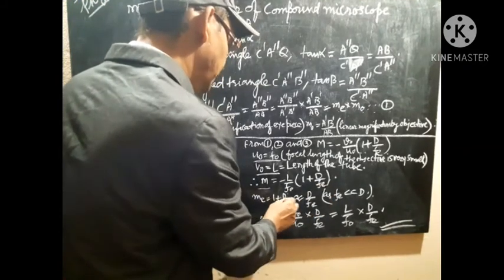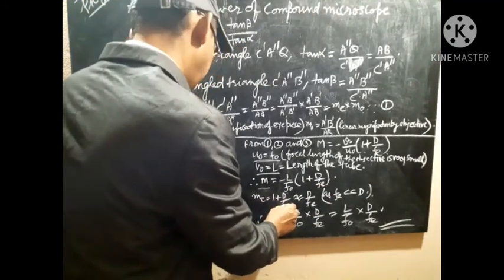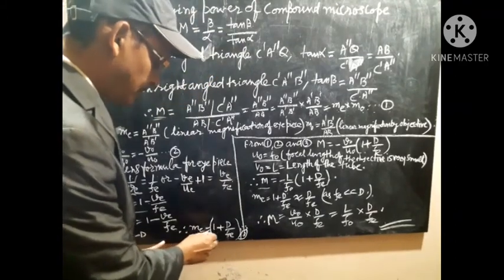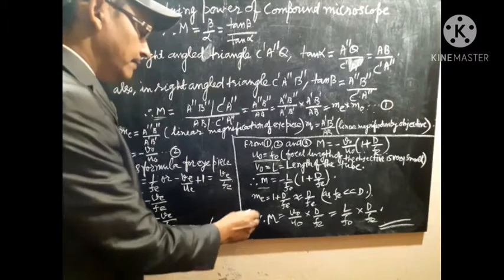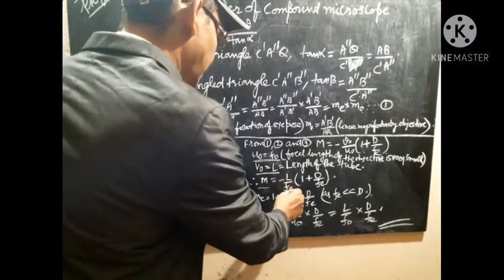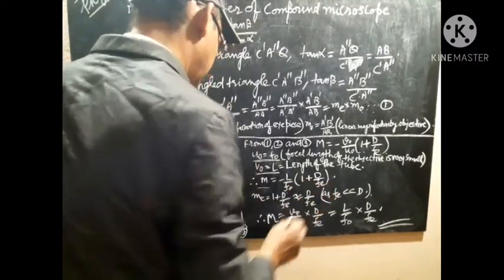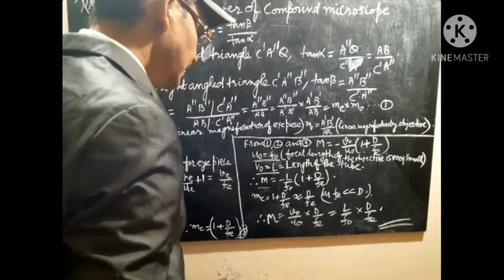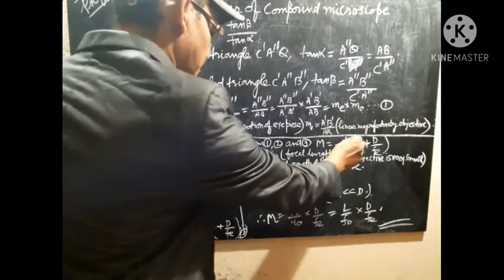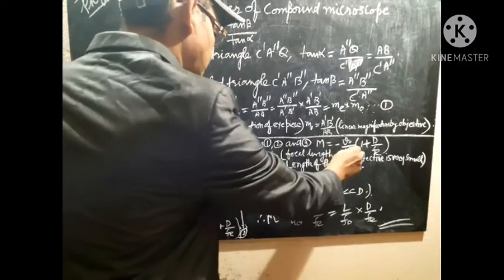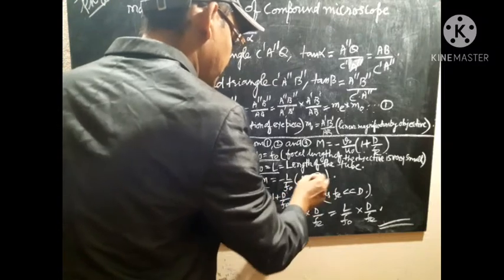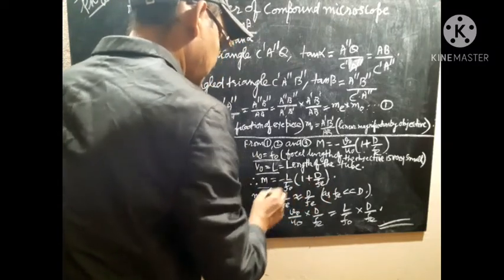Here I have obtained M is equal to 1 plus D by FE, and M is equal to minus L by FO times 1 plus D by FE. VO is equal to L and UO is equal to FO.